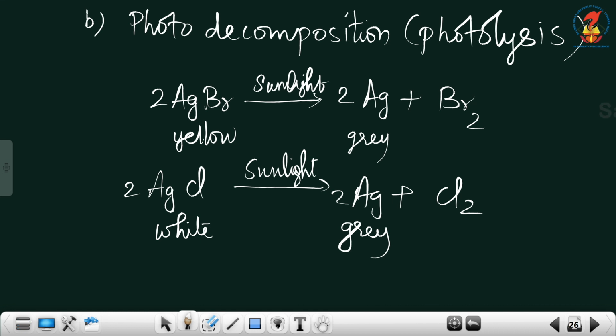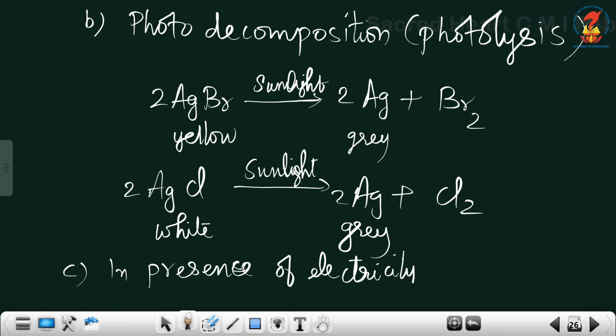When you are asked to write the definition of a decomposition reaction, just write the decomposition reaction definition. But in case of photo decomposition, you have to write the decomposition reaction definition, and that decomposition takes place in presence of sunlight, then that will be photo decomposition. Then the third decomposition reaction is in presence of electricity, electro decomposition.